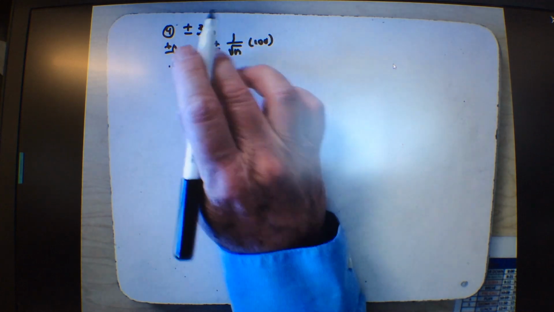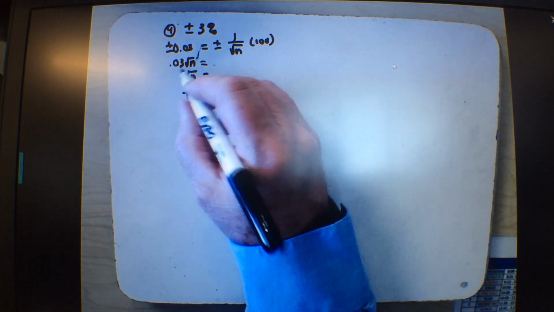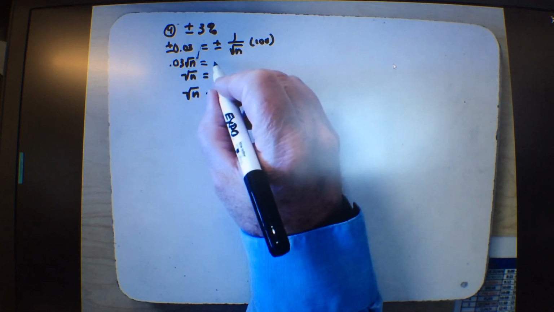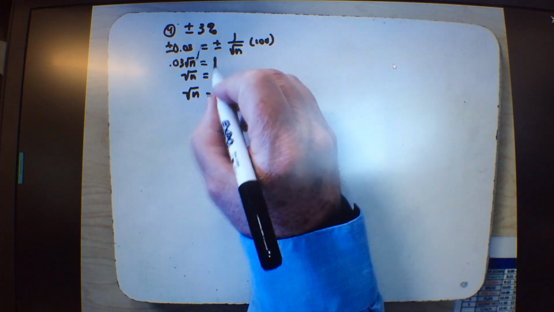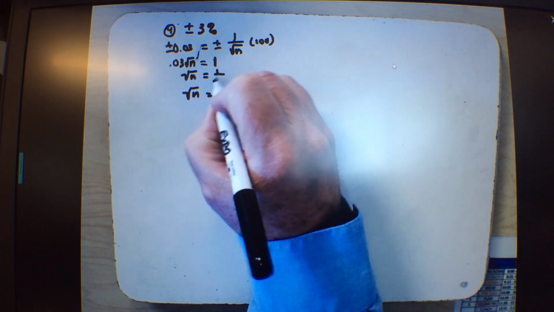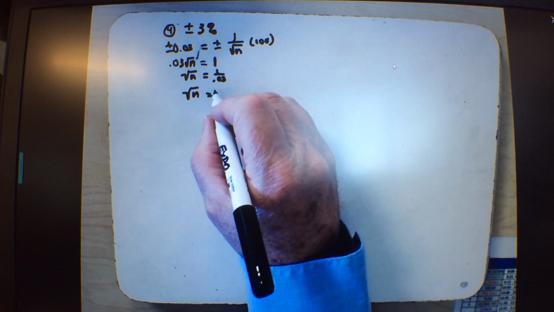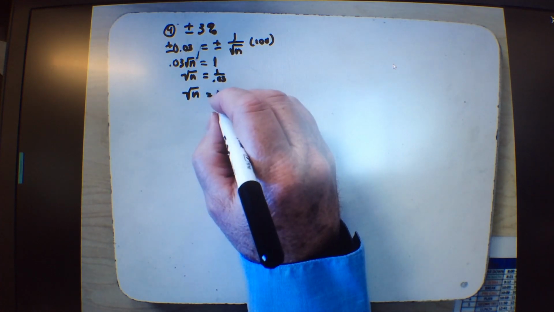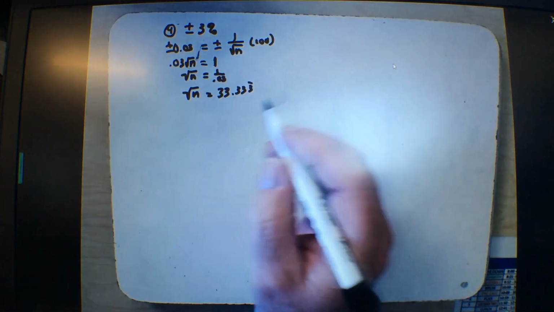When I divide both sides by 100, that's how I got the 0.03, correct? My bad. So this should be 1, so 1 divided by 0.03. Try that. There we go. 33.3, 333. It keeps going, right? Yeah.